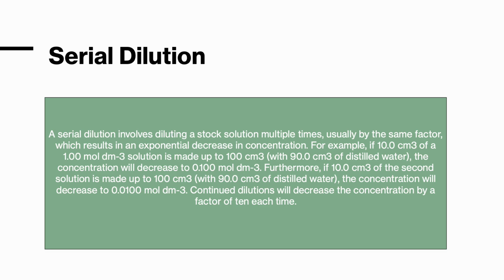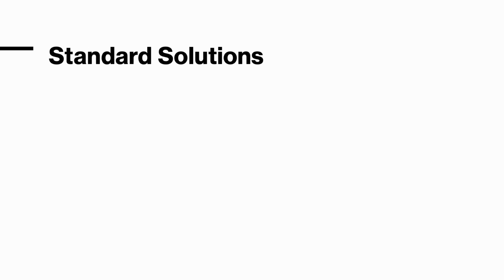Furthermore, if 10 centimeters cubed of that second solution is made up to 100 centimeters cubed, once again with 90 centimeters cubed distilled water, the concentration will decrease to 0.0100 moles per decimeter cubed. Continuous dilutions will decrease the concentration by a factor of 10 each time.